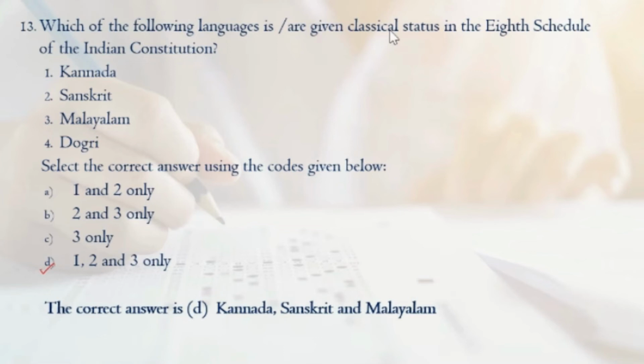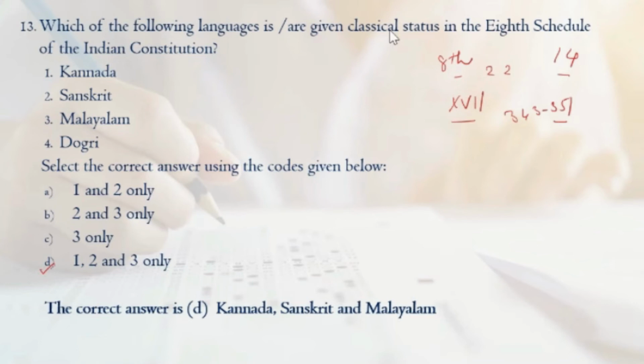The 8th Schedule of the Constitution of India lists the official languages of the Republic of India. Part 17 of the Indian Constitution deals with the official languages in Articles 343 to 351. The 8th Schedule includes the recognition of 22 languages. Of these, 14 were initially included in the Constitution.